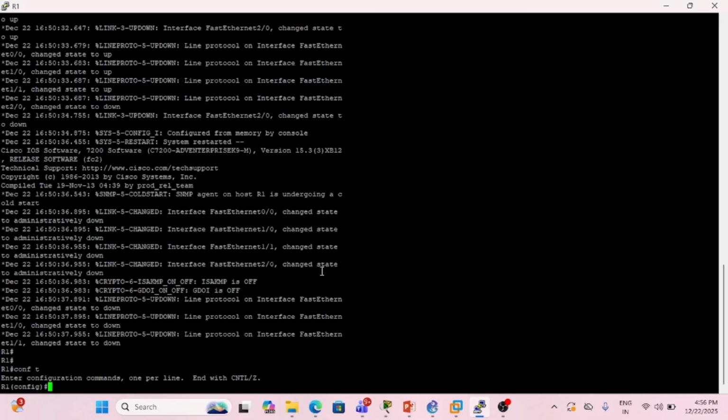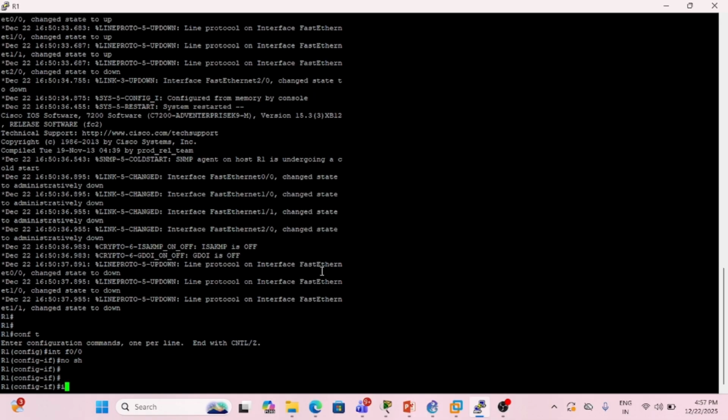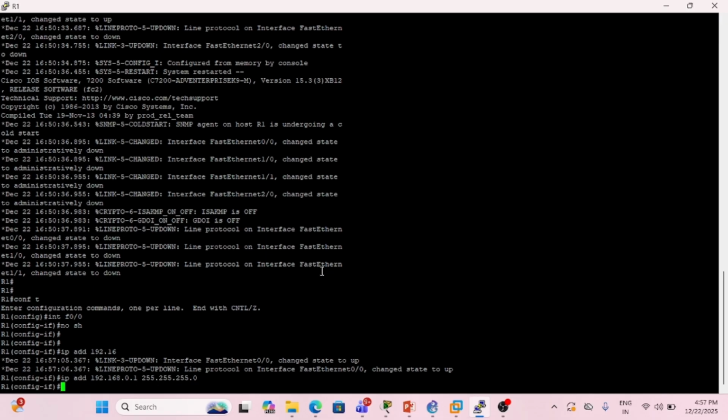So go to the console, give the IP first, and now create the loopback interface.